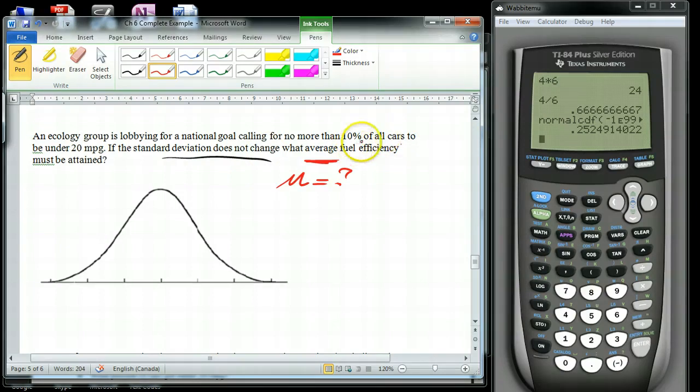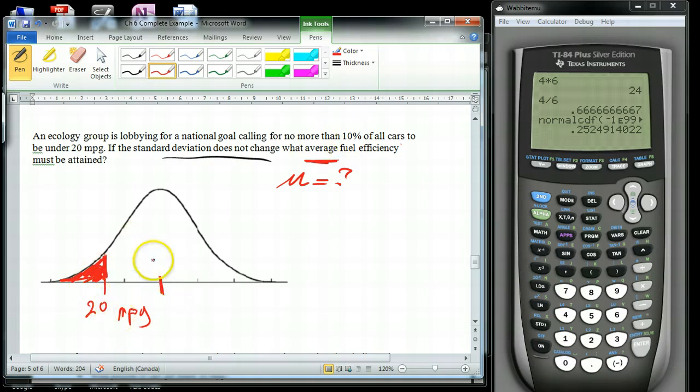So essentially, we're looking at something like 10%. Well, 10% is going to be over here, maybe even less than that. And they want this value to be 20 miles per gallon. And again, this is no longer 24, because if this was 24, that would be impossible.